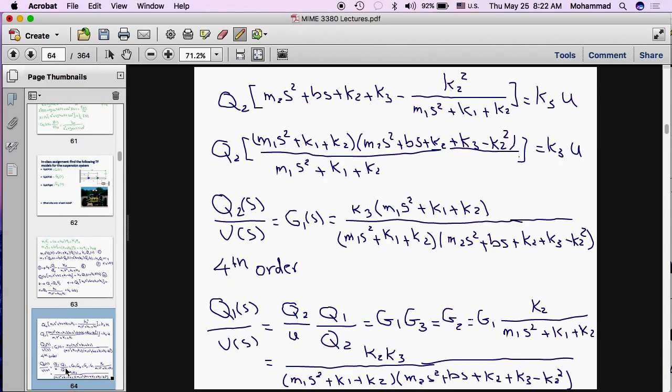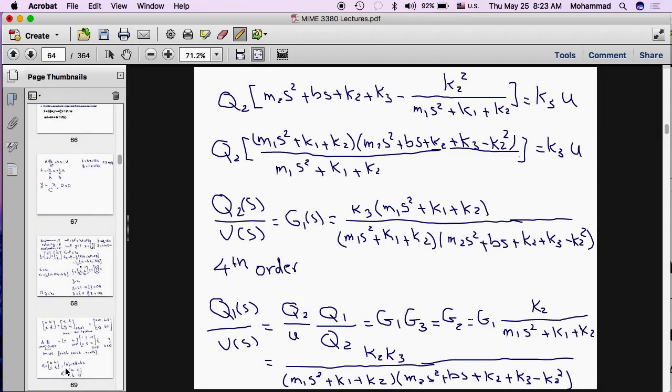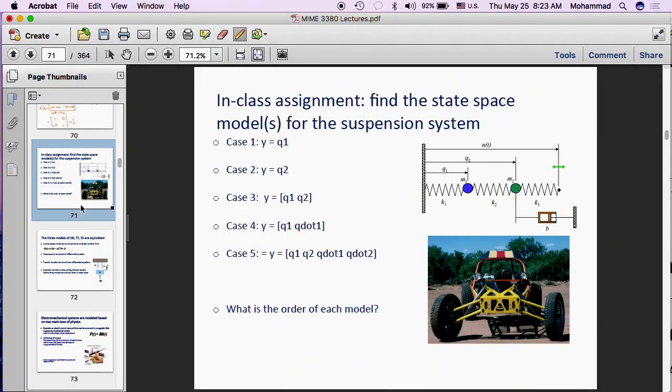So we contrasted so far the differential equation and the state space model. I'm sorry, the transfer function model. I keep mixing these up. Now, when it comes to state space, you bring another level of clarity to the equation.